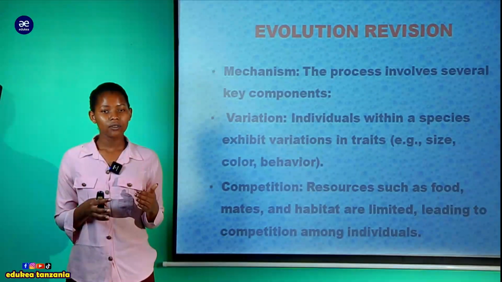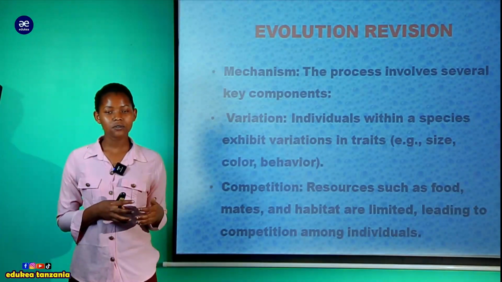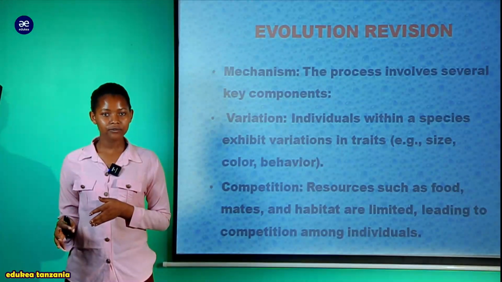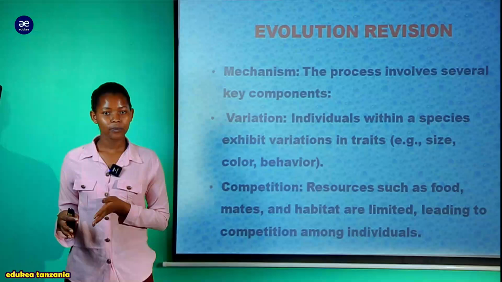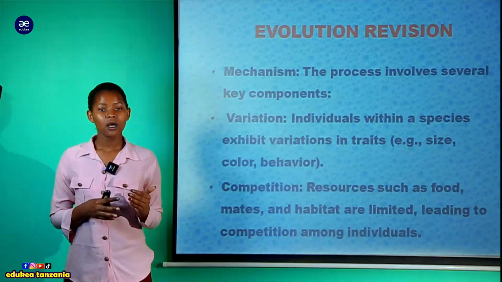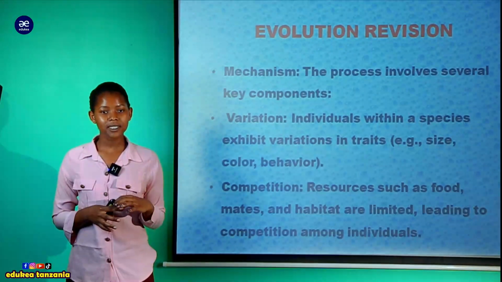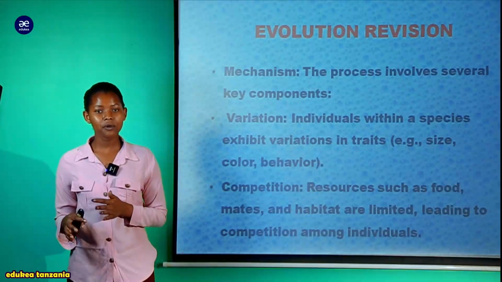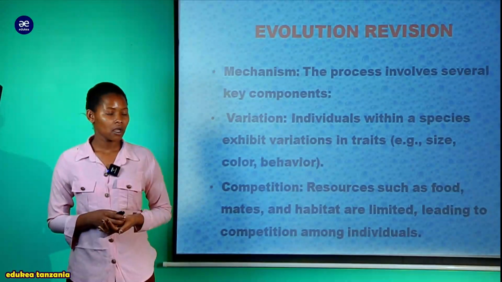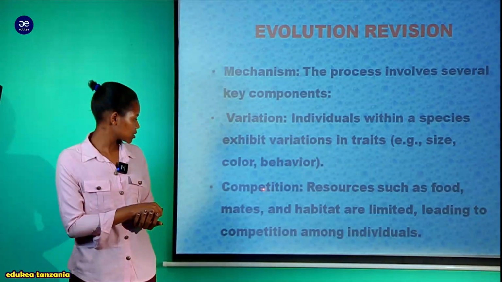On the issue of color, those with black color survived. We mean they were selected for, but those with white color were selected against and perished, but the black moths survived. Another component is competition.